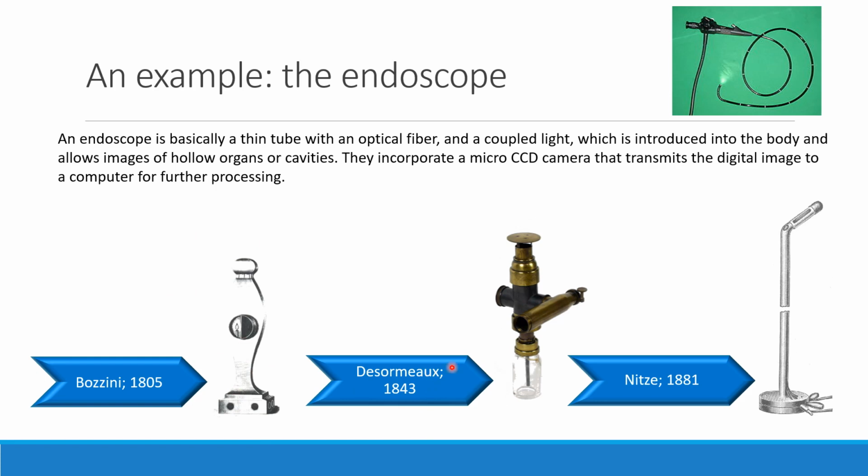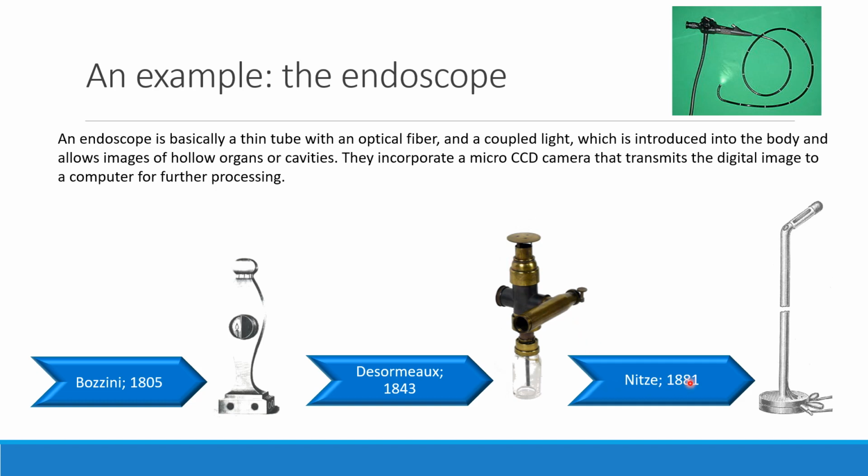Later in the 19th century, Desormeaux developed something easier. It's not so rough, so to say. Instead of a candle, we have an oil lamp. Here we have already a set of mirrors that permits a better observation of what is happening inside the body, and still we have here the part that is introduced in the body.